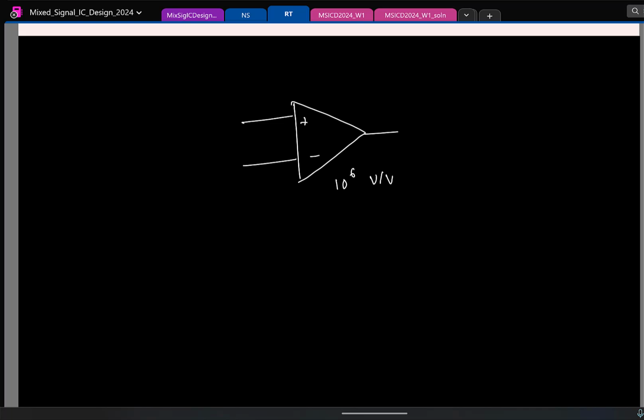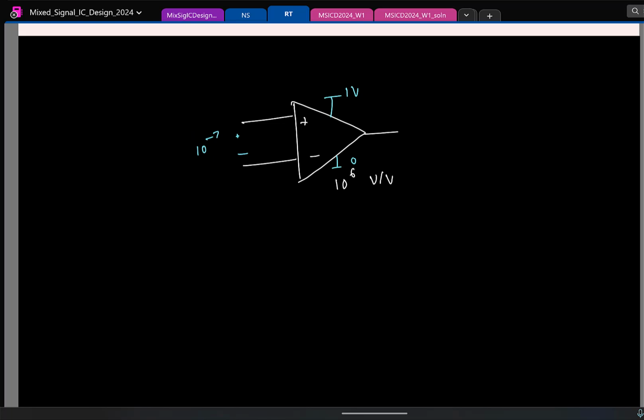How do you think you will finally measure and verify that it is indeed having this gain? Great, if you apply an input, so let us say supply voltage is 1 volt. What will the input you apply? 10 power minus 6? That's 1 microvolt, right? And you think that's a practically doable thing?